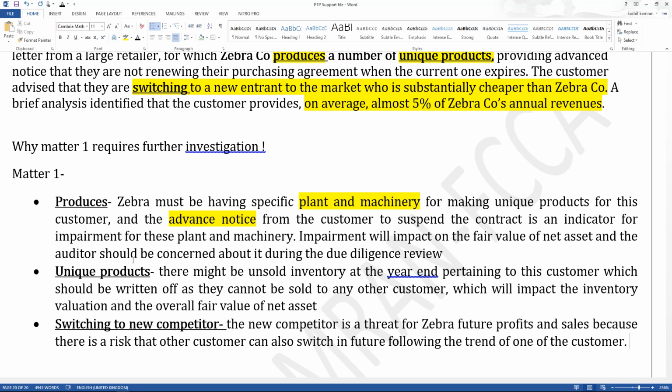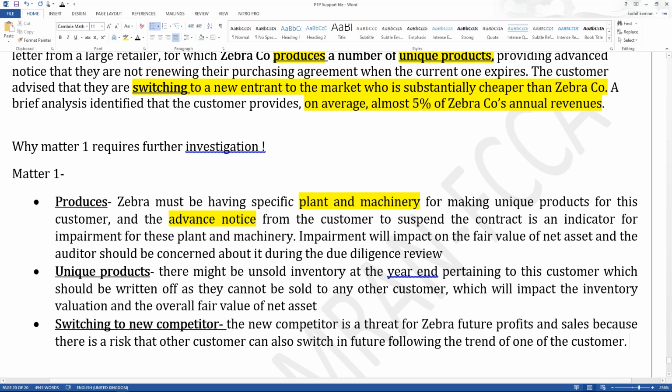Is that clear? Everyone, is that clear? So switching, do you believe switching will impact your future profits and sales? There might be more customers who might switch, which will impact your future profits and sales.